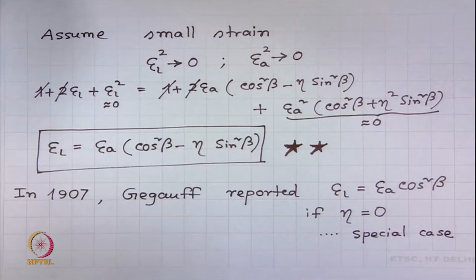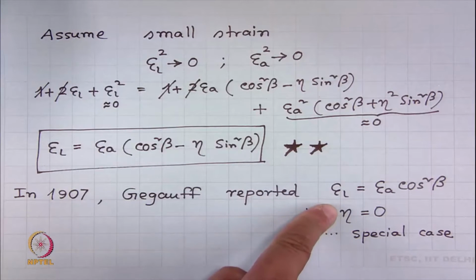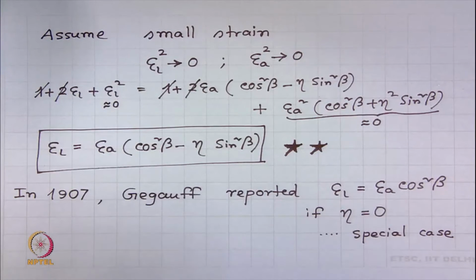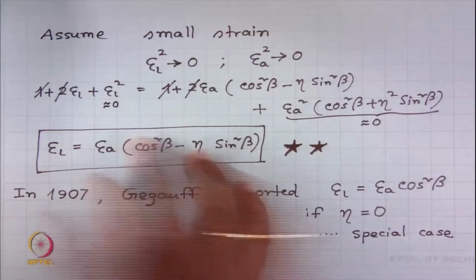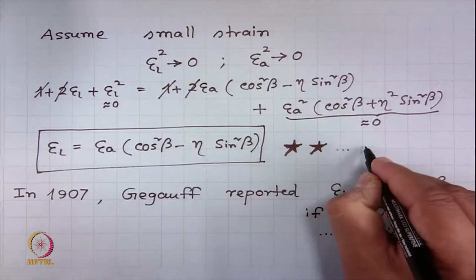When there is no radial contraction in the yarn, fiber strain is equal to yarn strain into cos square of twist angle. However, this expression is a more generalized one.